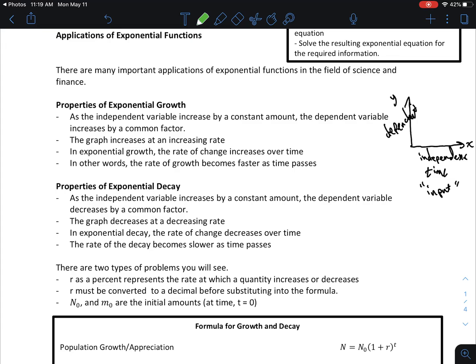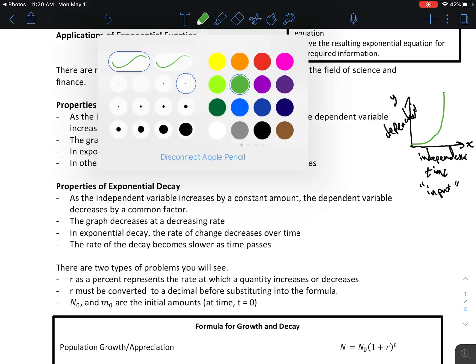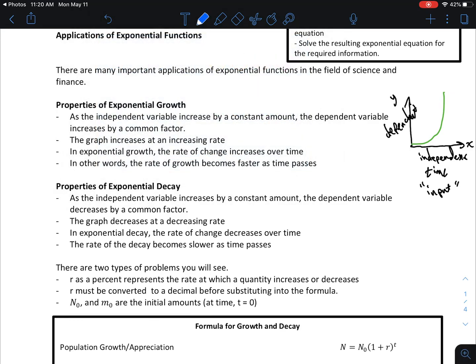With exponentials, we see some sort of curve like this. Exponential growth specifically: as I increase the independent variable x, I'm going to see an increase in the dependent one. All that means is the graph is going to look something like this. As I increase time, for instance, the ball is going to get higher and higher.